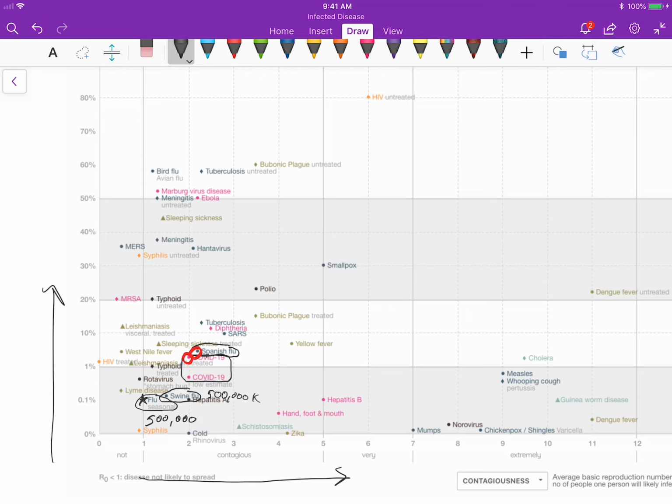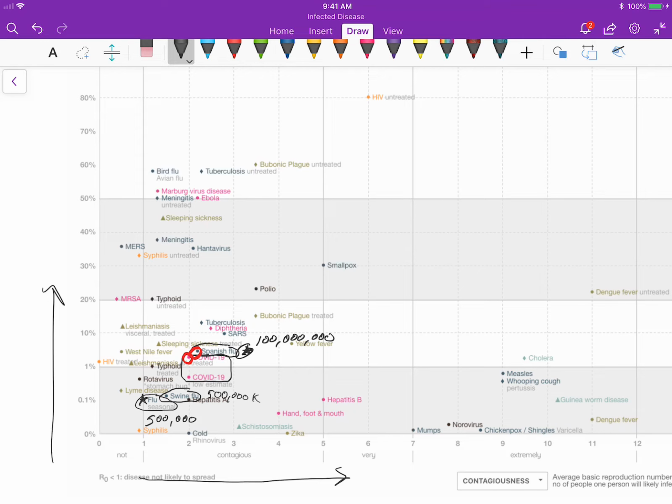Now, I think that we're going to see the death rate hopefully decline. The Spanish flu, I think, was estimated around 3 or 4% of 100 people died, and coronavirus is 1, and hopefully less. But how many people did the Spanish flu kill? Well, 100 million people.